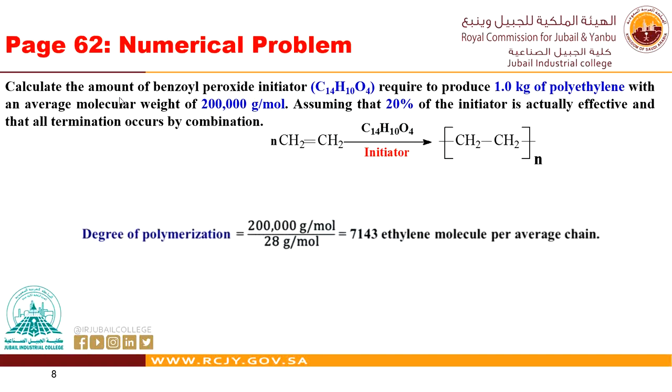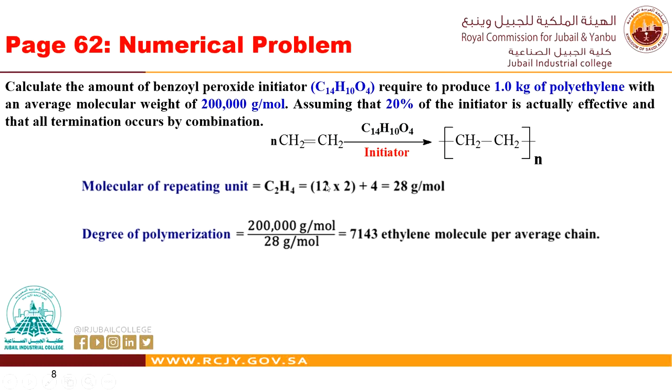And you remember in chapter 4 we learned how to calculate the degree of polymerization. Degree of polymerization is the molecular weight of the polymer divided by the molecular weight of the repeating unit. Remember, the repeating unit is what is inside what? The bracket. So if you look at this, the repeating unit is C2H4, 2 carbon and 4 hydrogen.